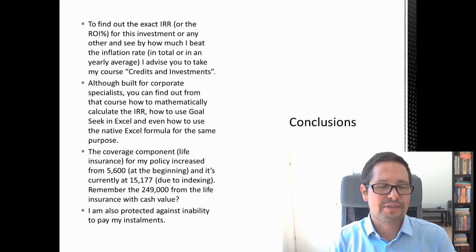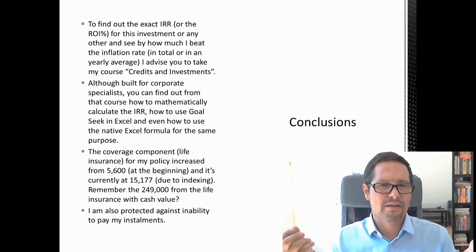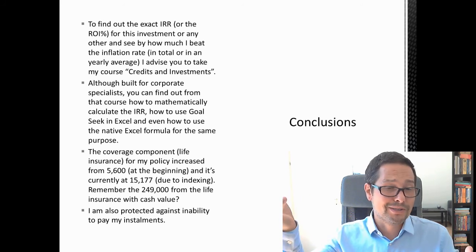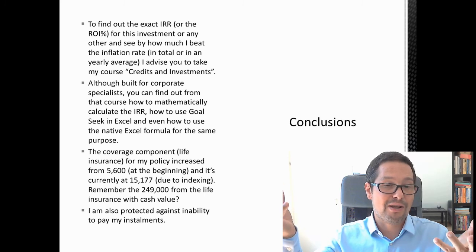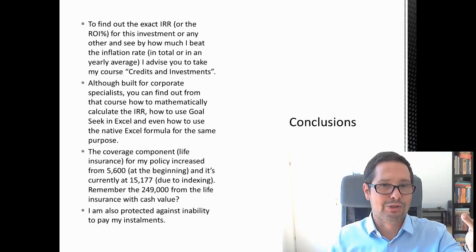It's now 15,177 due to indexing. However, this is what I was saying, that you can see the shift in weight. The risk covering component is so low, it's only 15,000, compared with the life insurance with cash value, when the risk covering was for 249,000, which is clearly a shift in focus.